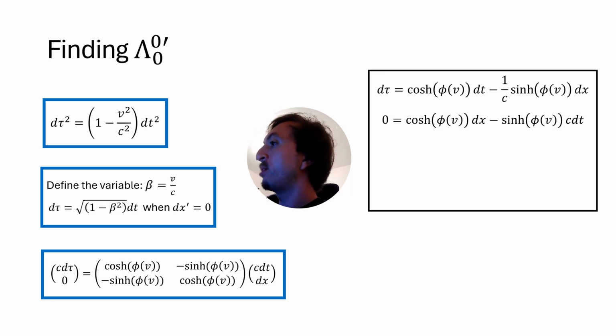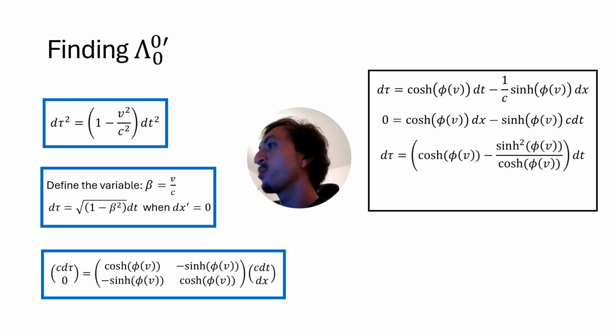So what we do is we rearrange one of the equations for dx and then substitute whatever we get for dx into the top equation in the black box. And when you do that, you end up with this expression.